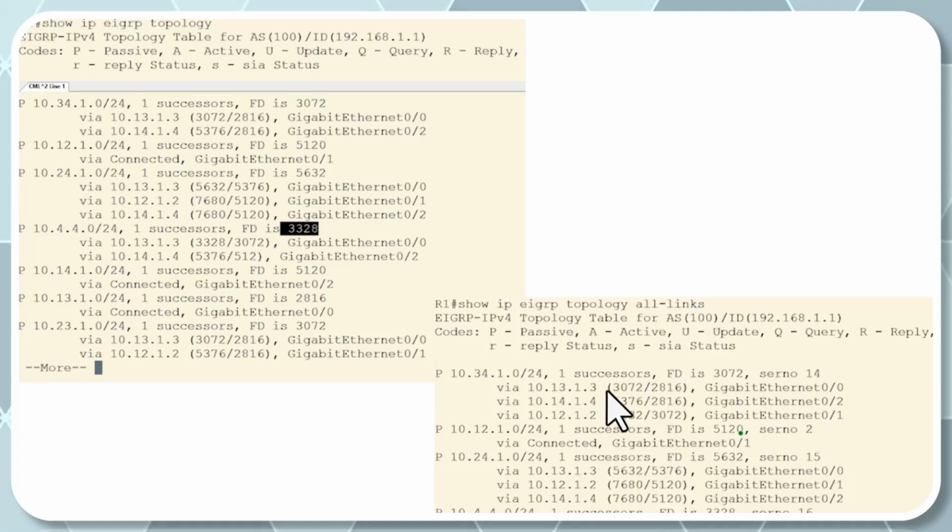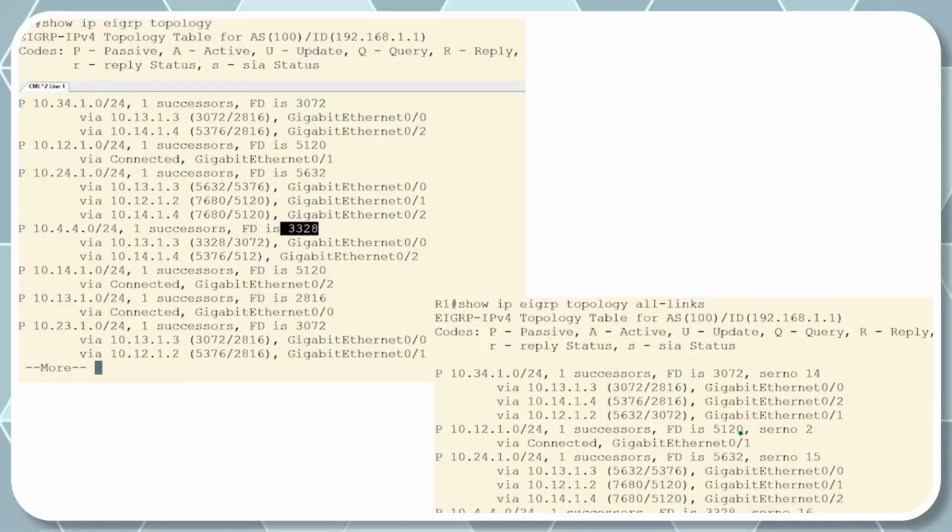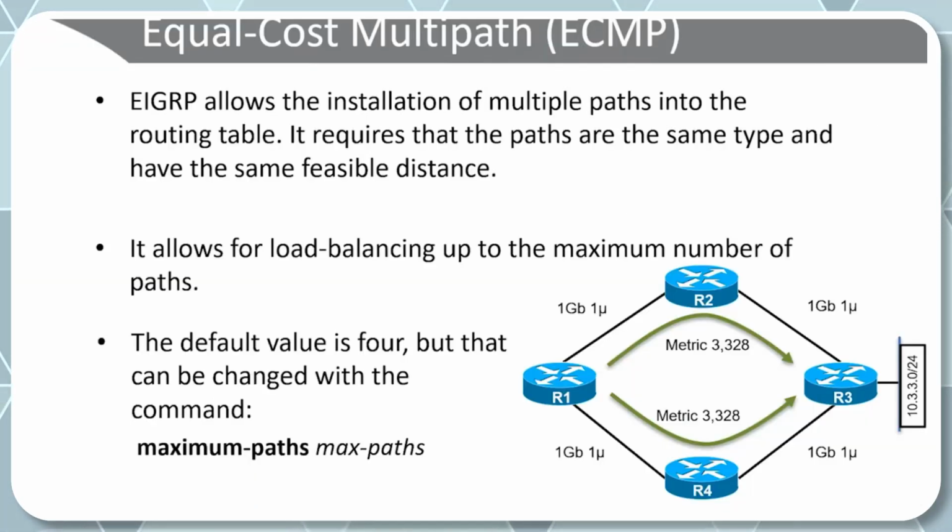So this will be my first path, second path, third path. Now you can understand what is feasible distance, reported distance, successor route, and feasible successor route. So this we have learned basically.